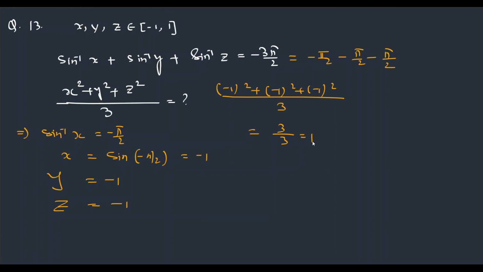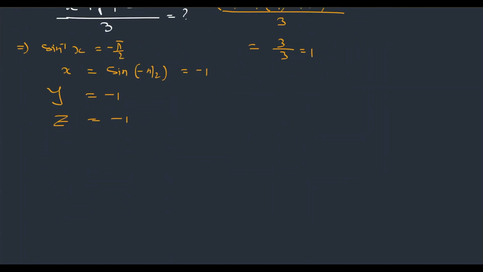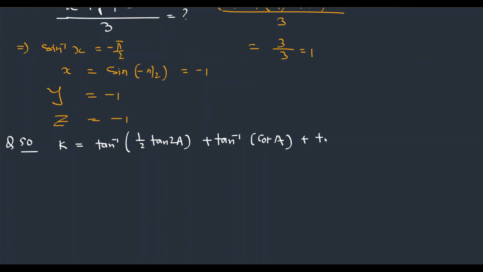Okay. Now we are going to solve one interesting question. It is question number 50. The value of k is given as tan inverse half of tan 2a plus tan inverse cot a plus tan inverse cot cube a.